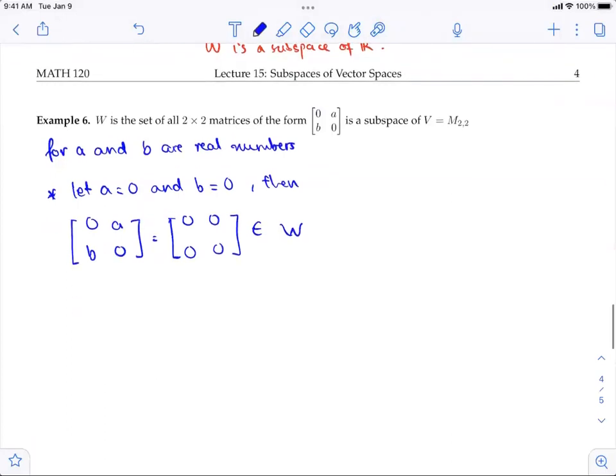Now the next condition is closure under matrix addition.